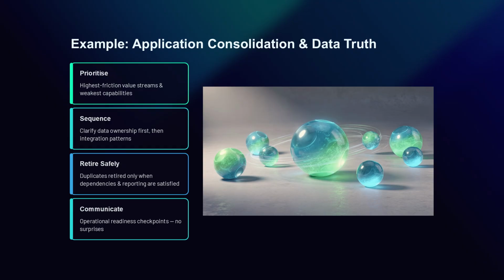You plan migration waves that gradually shift workloads and retire duplicates only when dependencies and reporting needs are satisfied. You include operational readiness and communication checkpoints so the business is not surprised by changes in processes and data visibility. This plan works because it respects transition states and avoids the mistake of retiring systems before the enterprise is ready.